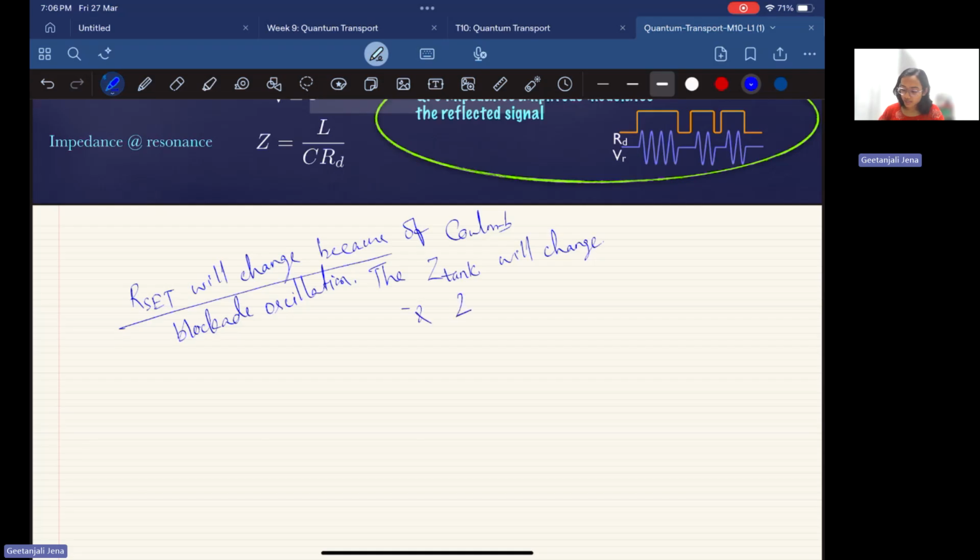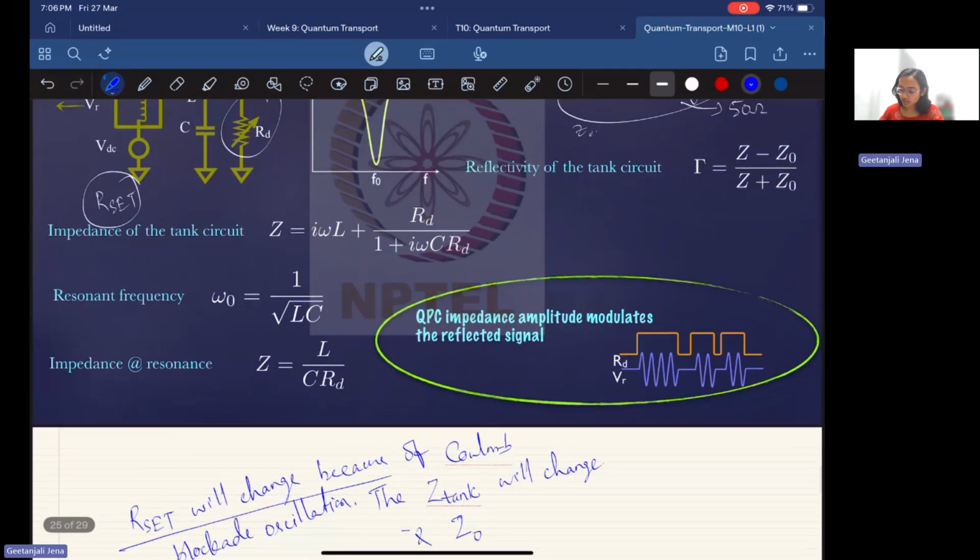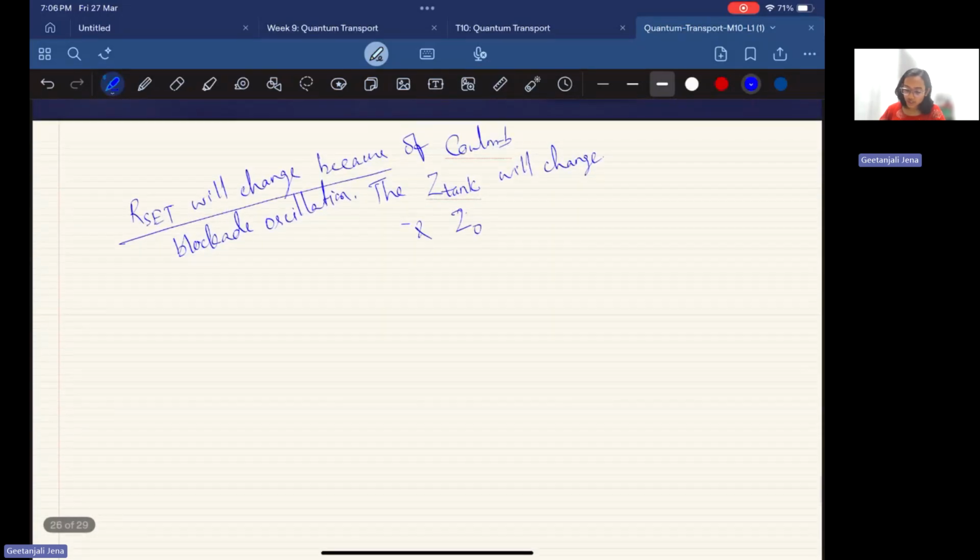That means there will be an impedance mismatch with the transmission line Z0. So there will be an impedance mismatch and there will be a reflection of the signal depending on the resistance of RSET.